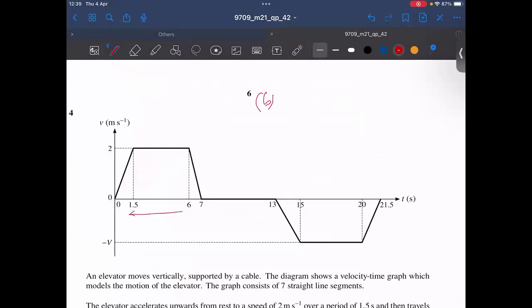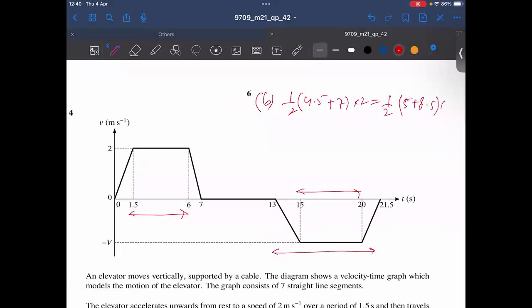From 1.5 to 6 is 4.5. So half times (4.5 plus 7) into 2 equals this one. It is half times (5 plus 8.5) into V.